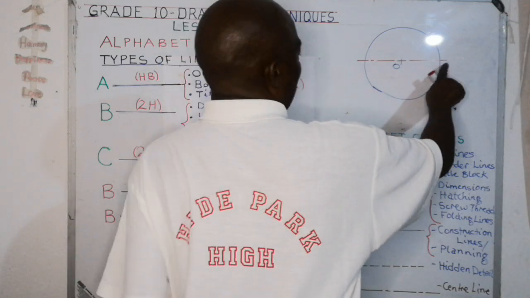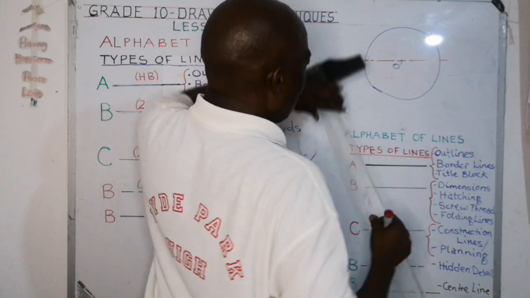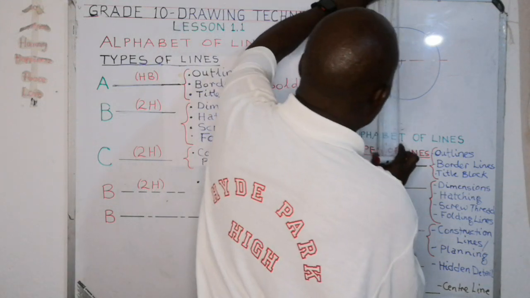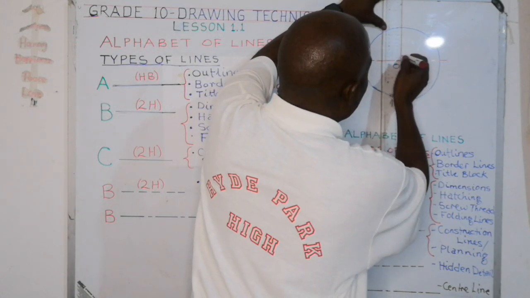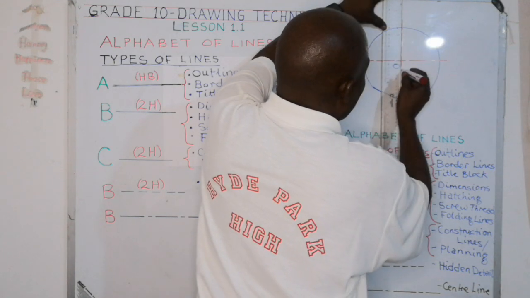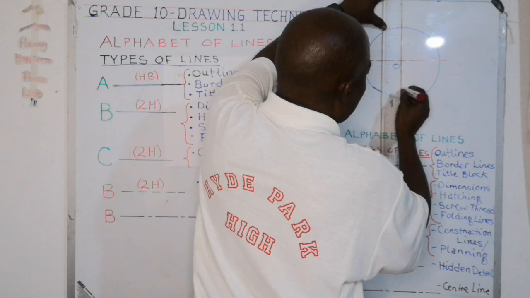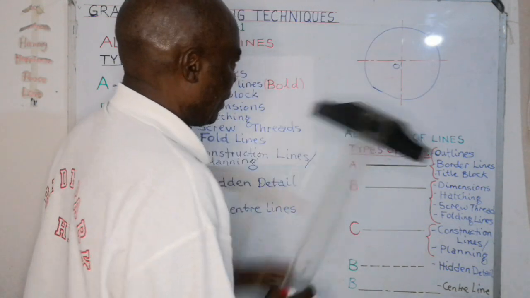And the lines should protrude beyond the circumference, not so long, but about 2 to 4 millimeters. And then you've got another center line there. Long, short, long, short, long. So those are center lines, right?